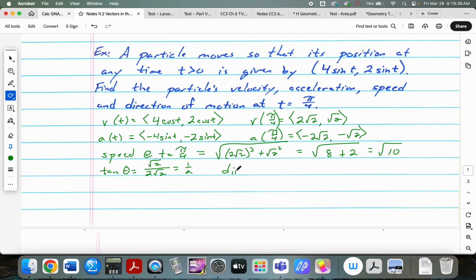So the direction of motion is going to be theta is equal to the tangent inverse of 1/2, whatever that comes out to be. So basically that tells you at what angle from the positive x-axis this thing is moving.